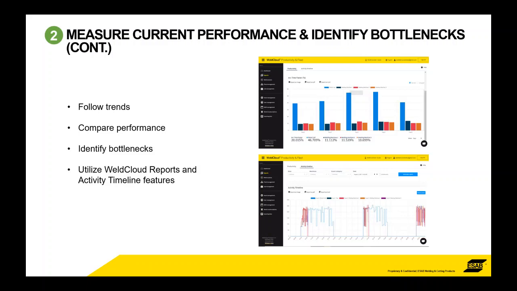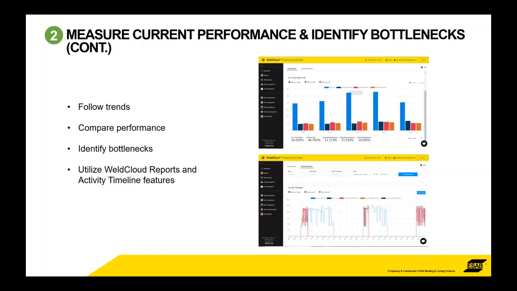And with that, you can identify the bottlenecks that you have in your production. Say that one welding station is performing worse than the other ones. Then you know that this is maybe something to look deeper into and understand more why that is. You can also utilize the activity timeline function to see how the pattern on each station looks, more or less.